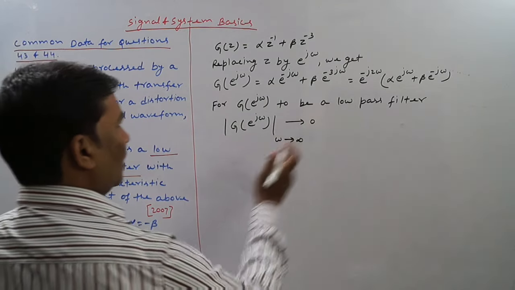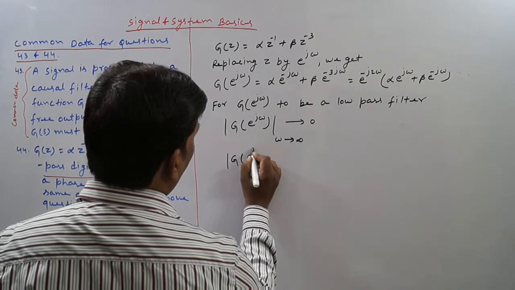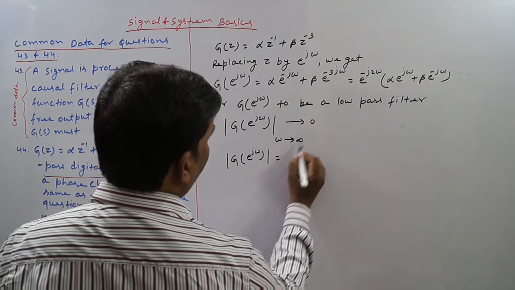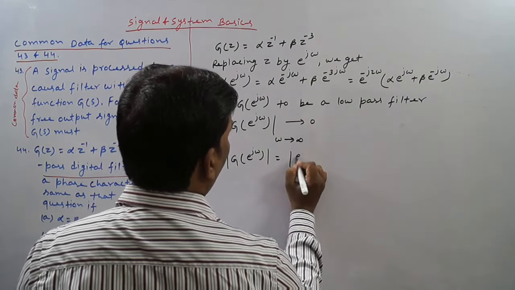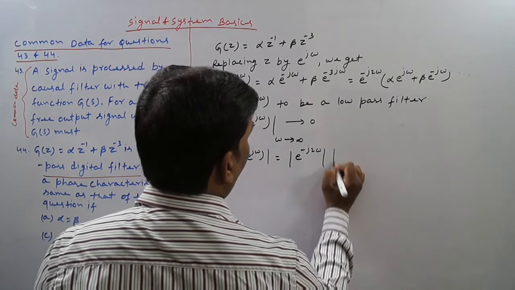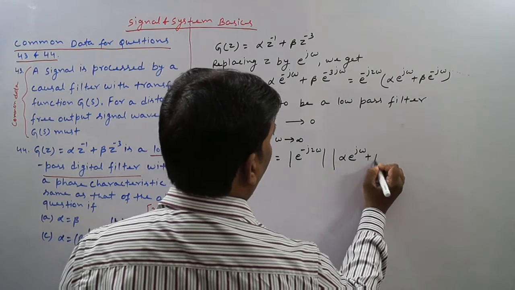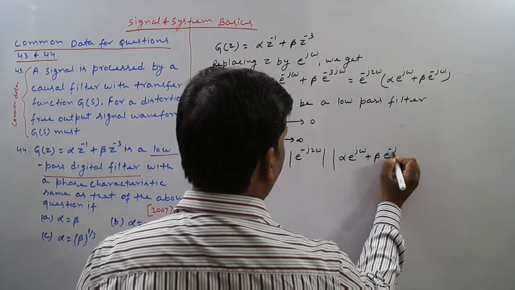So let me check when this is possible. Mod G(e to the power j omega) will be mod e to the power minus j2 omega into mod of alpha e to the power j omega plus beta e to the power minus j omega.